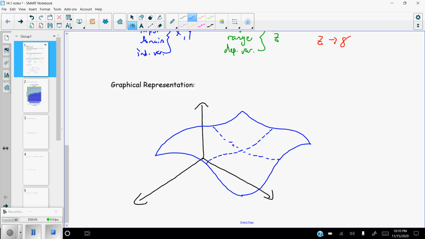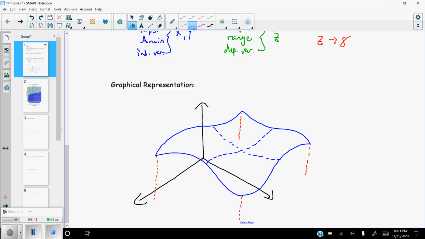So the idea is the domain of this thing is going to be something which is projected down into the xy plane. So the domain, whoops, don't want that to look like a solid line. Excuse me, might be projected down like this. So that's your projection down into the xy plane.